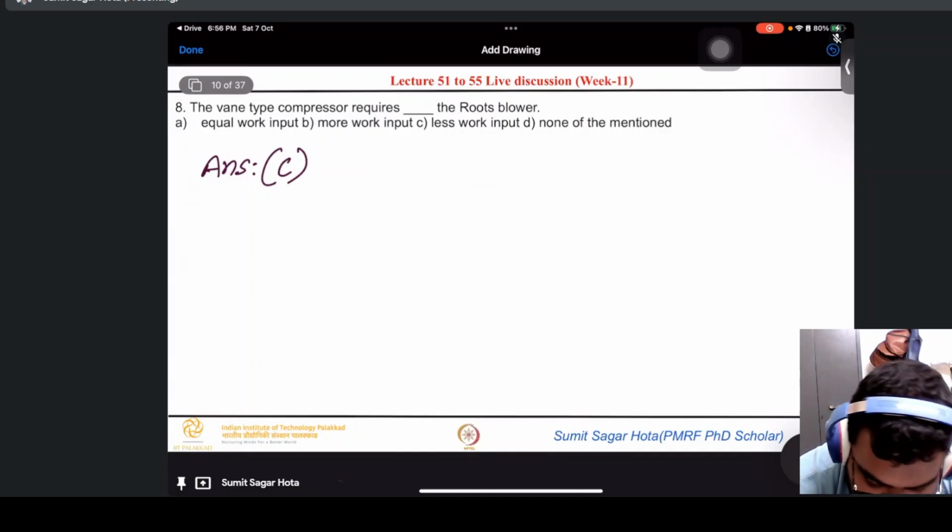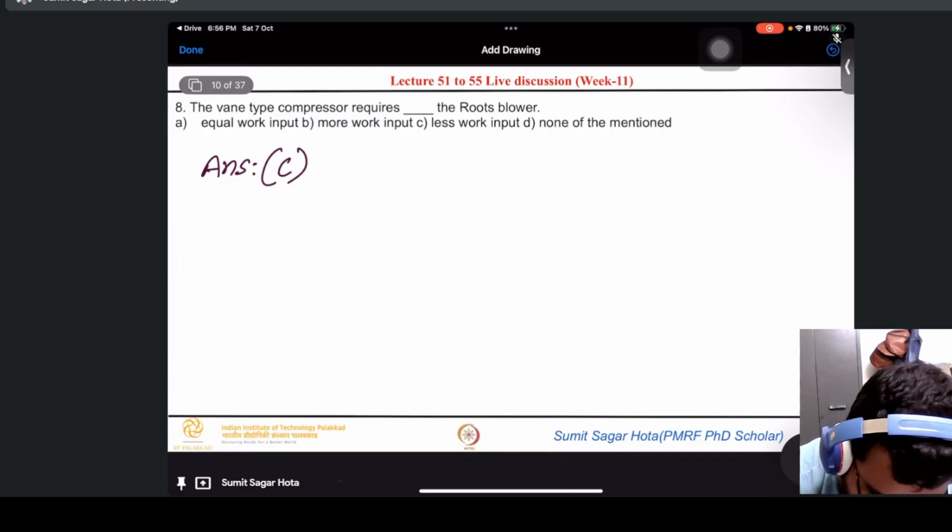With less work input it can work, so this is also one advantage of the vane type compressor.